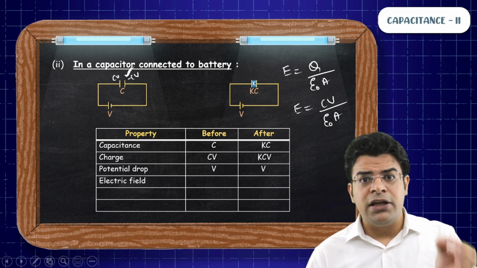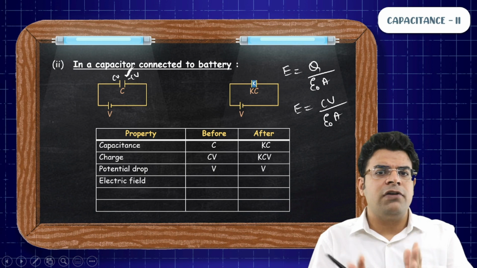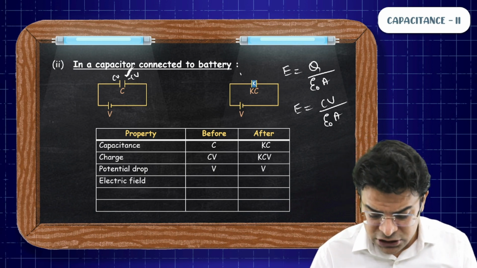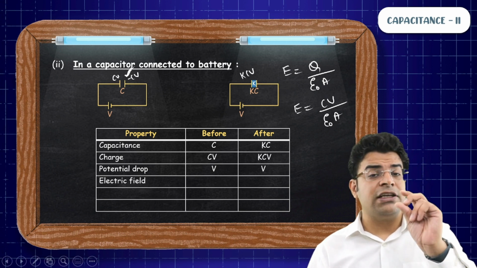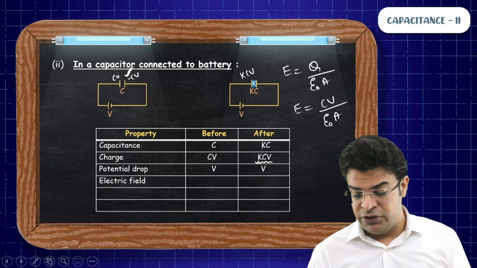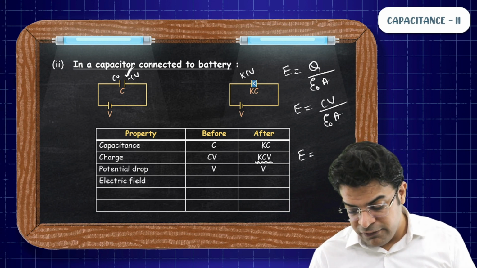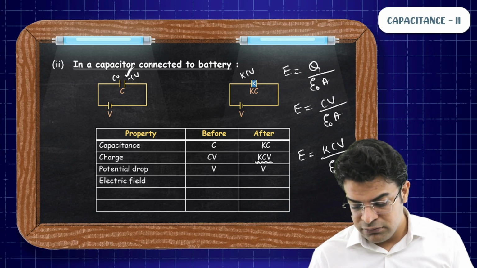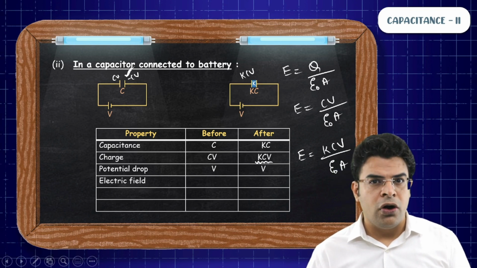What will be the electric field between the plates after insertion of the dielectric? You will say, sir, after insertion of the dielectric, since the capacitance becomes K times, the charge becomes K times and the new charge is KCV. So the new electric field will be KCV, the new charge, upon epsilon naught A. Right? Wrong. Why?